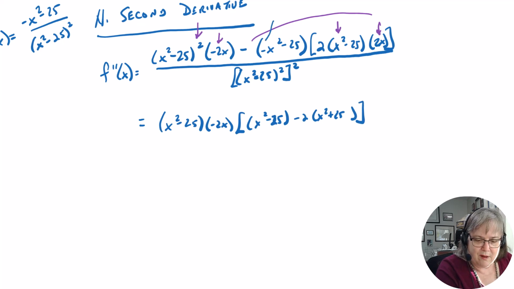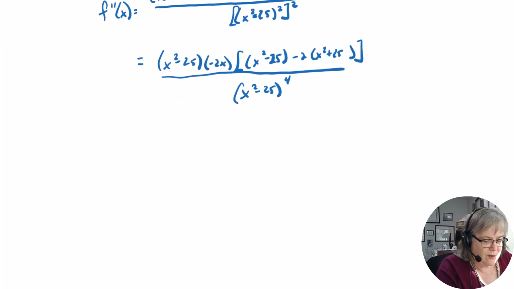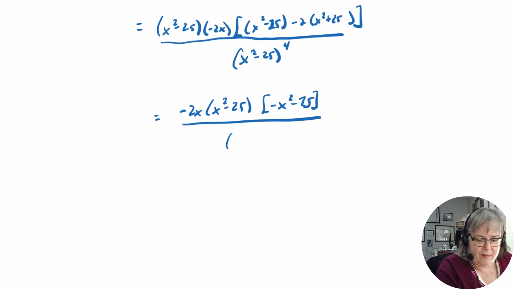Because remember, there's all this x here that you can factor out, over x squared minus 25 to the fourth now. So you have minus 2x times x squared minus 25 times minus x squared minus 75 over x squared minus 25 to the fourth.